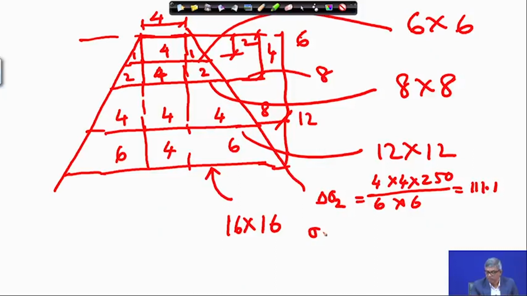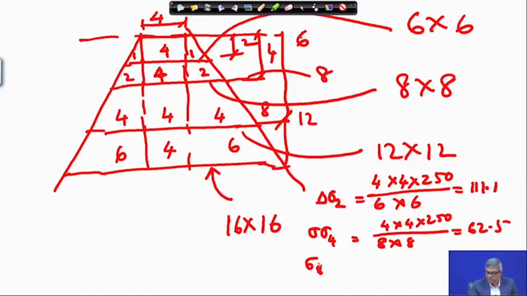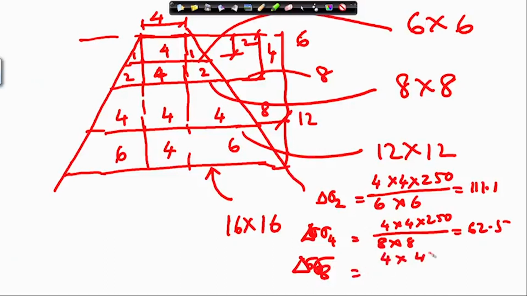And delta sigma 4 will be again 4 multiplied by 4 multiplied by 250 divided by 8 multiplied by 8, that is equal to 62.5. And then delta sigma 8, that will be 4 multiplied by 4 multiplied by 250 divided by 12 multiplied by 12.